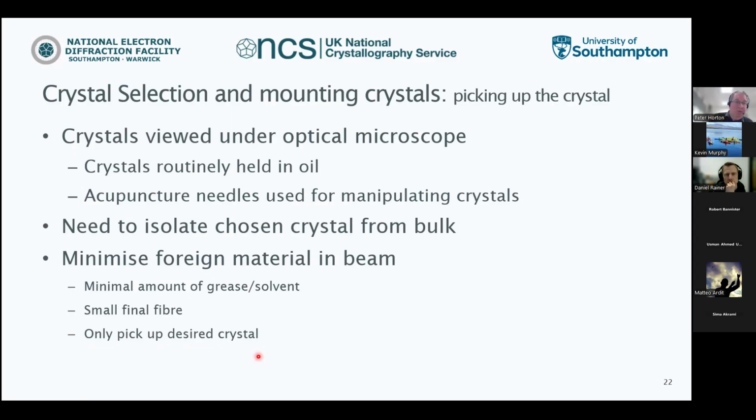It's amorphous sort of plastic, but basically we want to try and mount the crystal so that the only thing diffracting X-rays is the crystal and not the grease, not the oil, and really not the fiber or anything else. But we've got to have something to hold the crystal, so we want to minimize what else is in the beam.